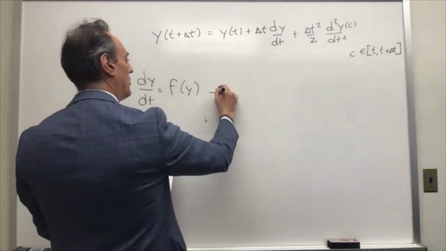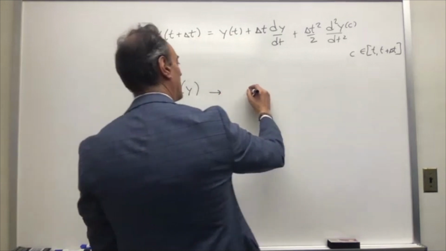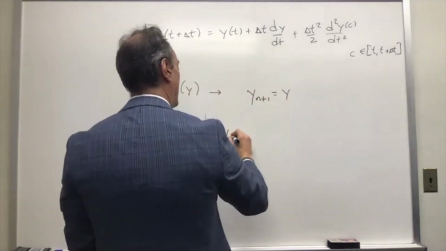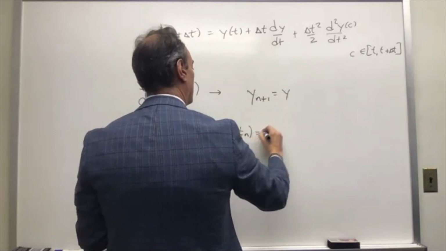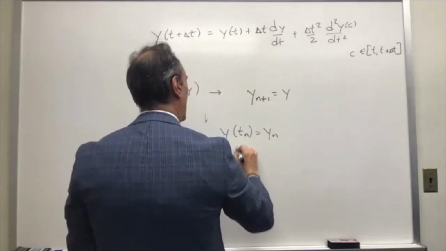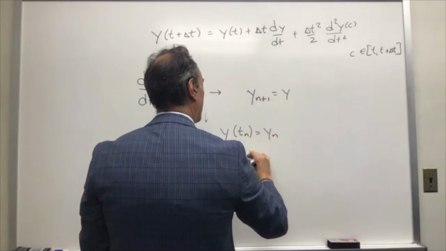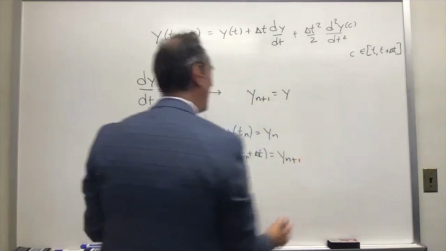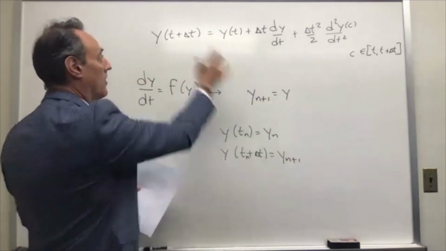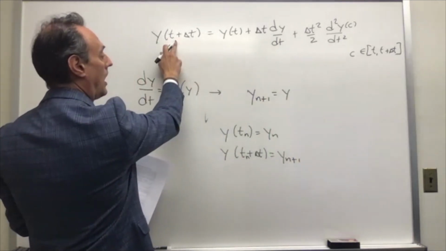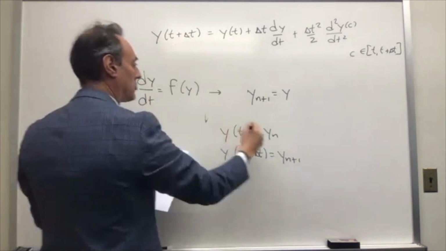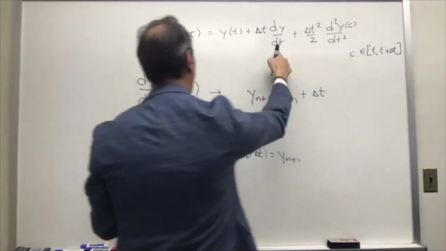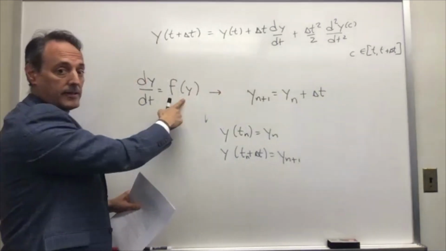In fact, what you find is what's called the Euler scheme, which is y of n plus 1. So y at time t of n, let's call that y of n, and y at t of n plus delta t is y of n plus 1. This formulation is going to give you y n plus 1 equals y of n plus delta t times dy dt, which is this f.